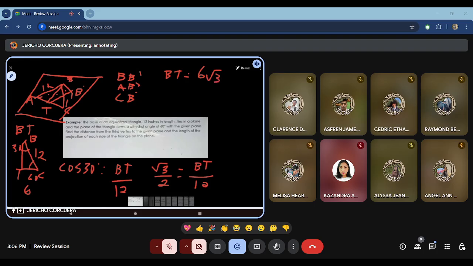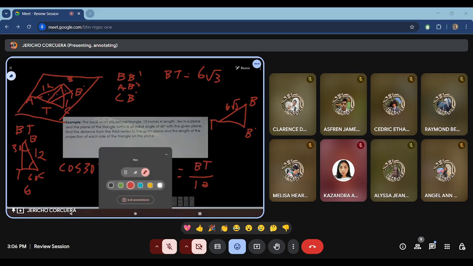Now we will look for BB prime. We have here the 6 square root of 3.